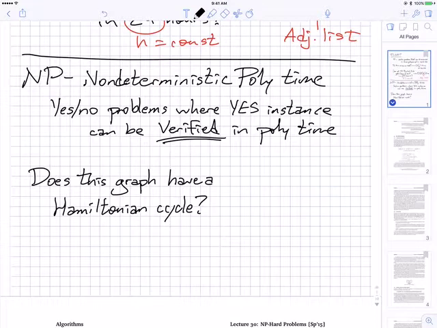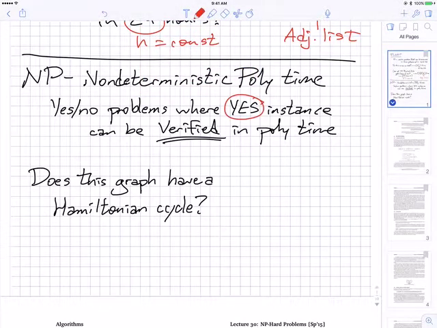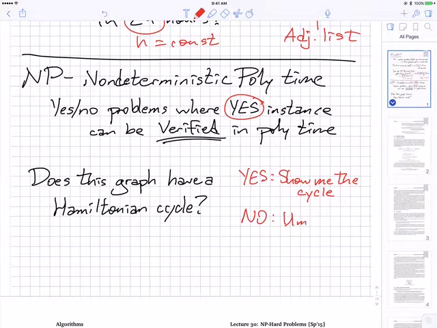There are n factorial different permutations of a graph that has n vertices. So that doesn't give me a way of verifying a no answer quickly. That's fine. NP only requires that yes answers, if the answer is yes, I can convince you in polynomial time. So if the answer is yes, I just show you the cycle. And if the answer is no, I don't know what to do. Okay?